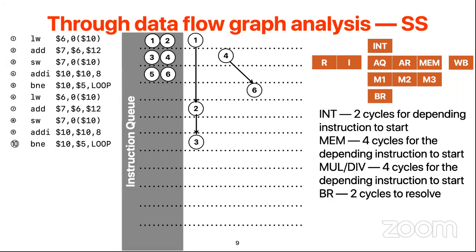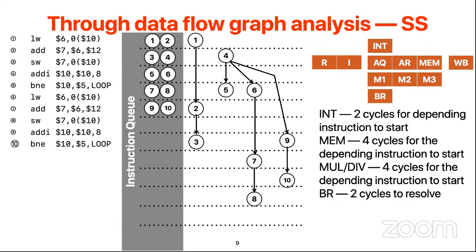If you keep filling the graph, in the next cycle you got 5 and 6, although they are not ready to execute, but in the next cycle, they will be able to execute. If you get 7 and 8, it's going to be later, and 9 and 10 at this point. So after drawing this data flow graph for a superscalar processor, you will figure out previously we needed 12 cycles to get all the instructions executed, but right now you only need 10.